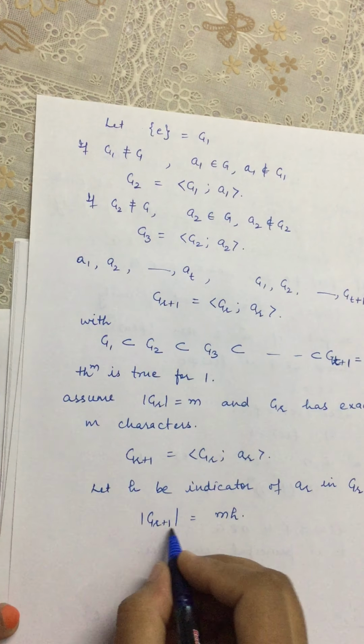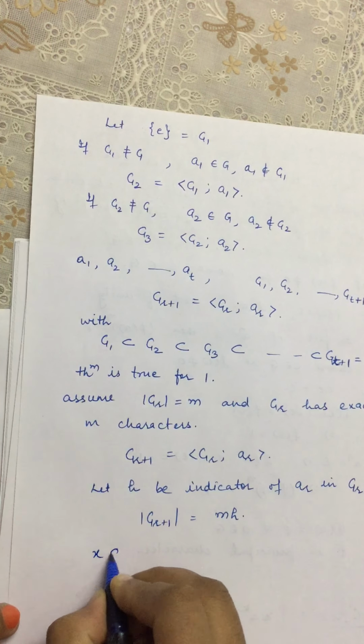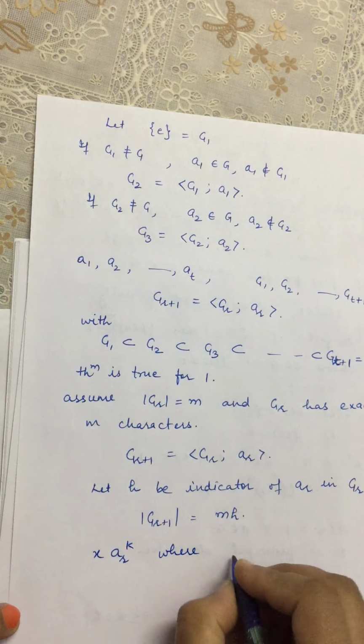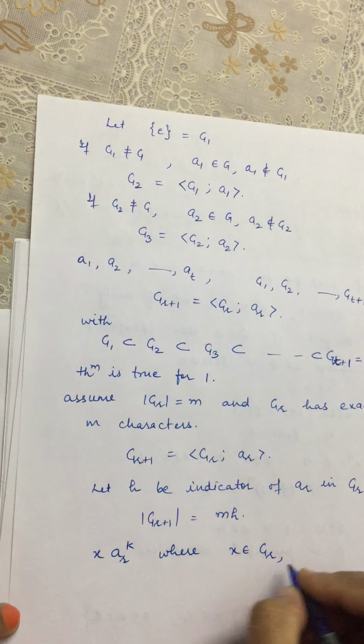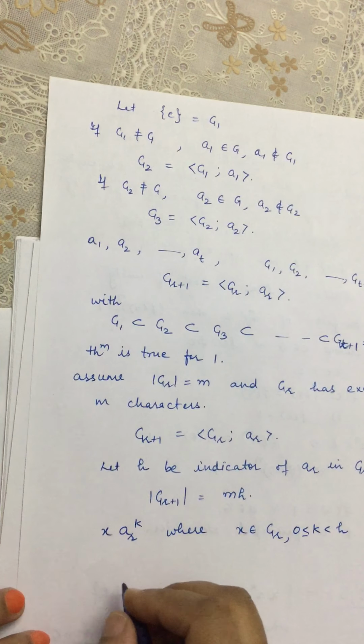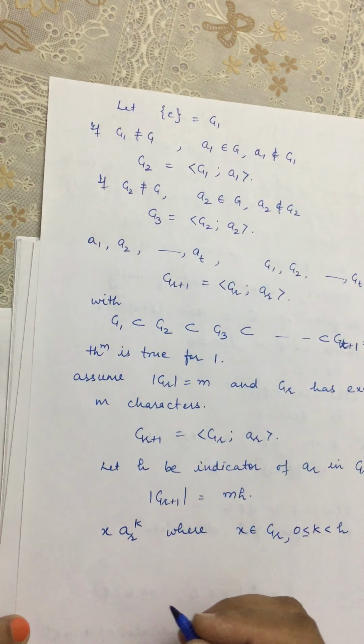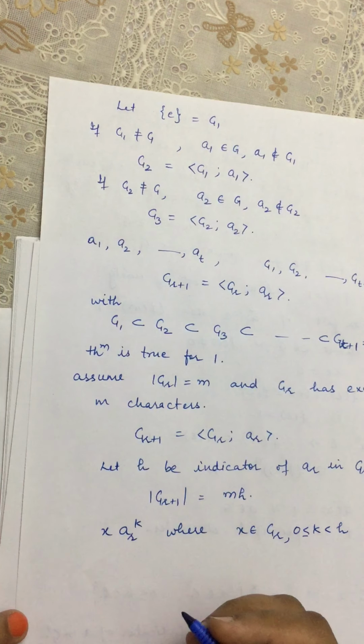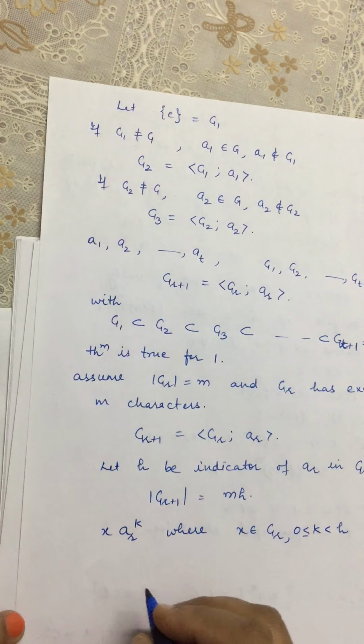Now any element of G(R+1) is of the form x times AR raised to k, where x belongs to GR and k is greater than or equal to 0 and strictly less than h. Now for the moment, suppose it is possible to extend a character f of GR to G(R+1).